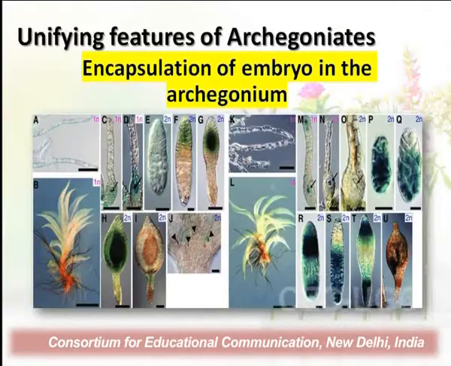these gametophytes, these archegoniates, have developed a strategy in which the embryo is encapsulated inside the archegonium, and this archegonium at a later stage of development gives rise to a protective covering, and these embryos are nutritionally dependent upon the gametophytic plant.